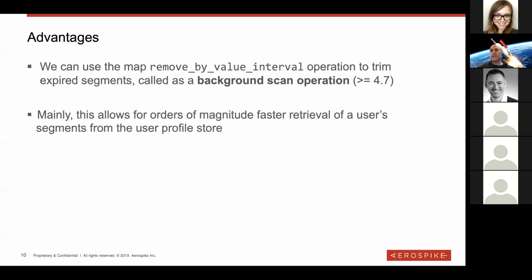The Aerospike client is aware of the partition map, so it knows exactly which partition this record lives on. That's a constant hash operation. And it knows by a lookup into the partition map exactly which node is holding the master of this partition. It goes to that partition.